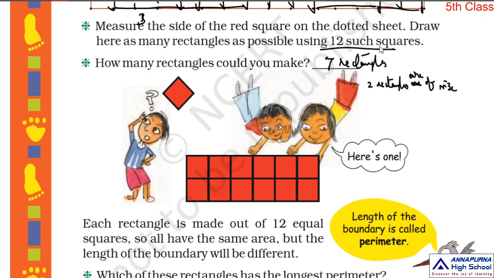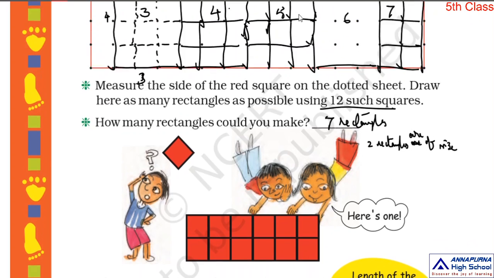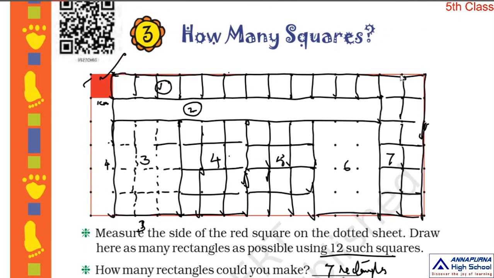So here its width is 1 centimeter, 1 unit, and the length is 12. We can write its size as 1 into 12 centimeters. So 1 centimeter into 12 centimeters is equal to 12 square centimeters.